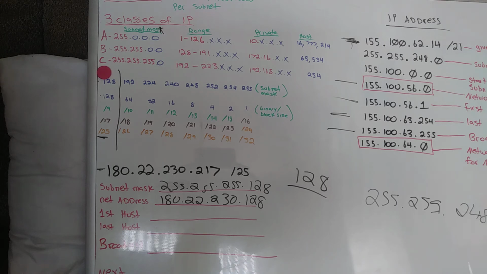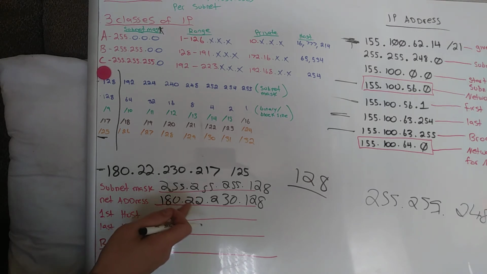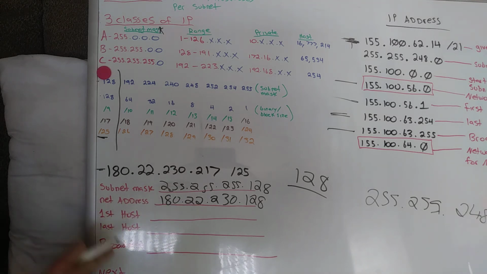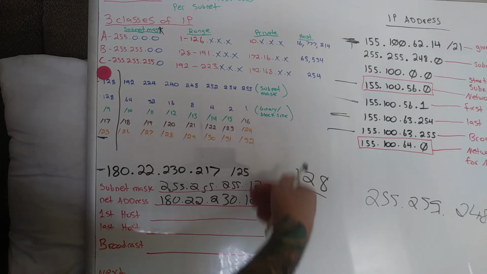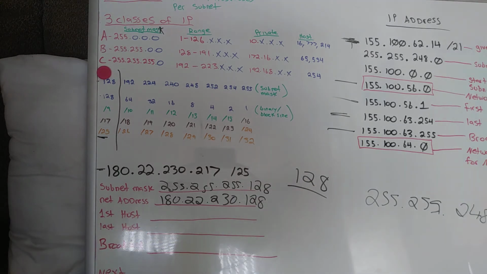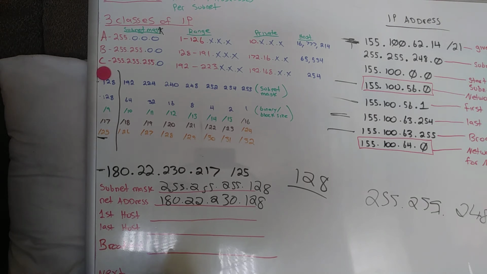Let me just double check here. Yep. And then let's get the boundaries here. That's the start. So let's find out the end. What's 128 plus all the IPs that would be in there, plus 128? Because that's the block size. So we're looking at a 256 for the next subnet. That's where the next subnet starts, right?